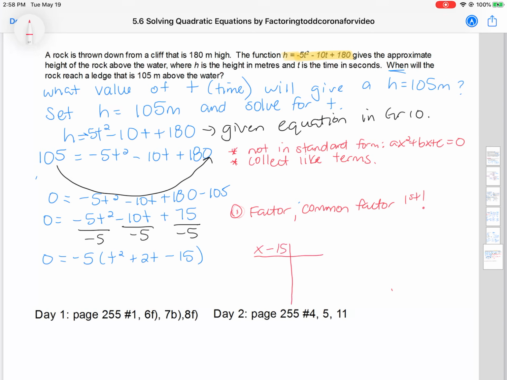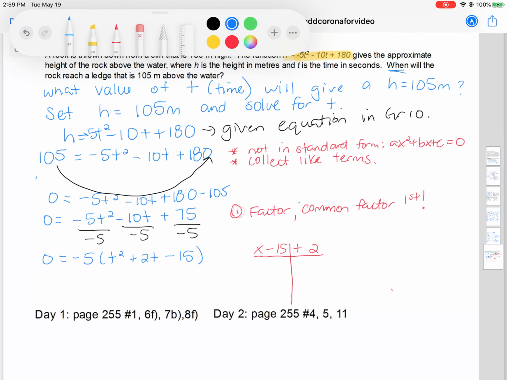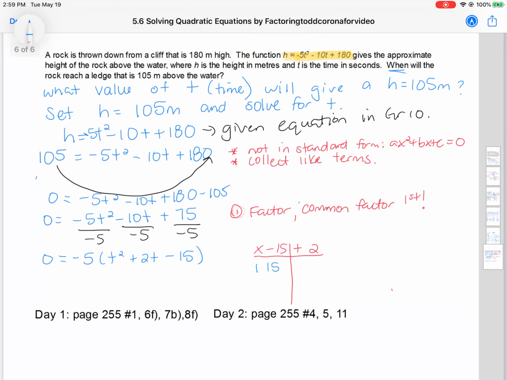So we're going to find, I'm still going to use red, 2 terms that multiply to negative 15 and add to 2. So right away, your brain might already be screaming 5 and 3, 5 and 3, right? You've done so many of these questions. 1 and 15 is not going to work.